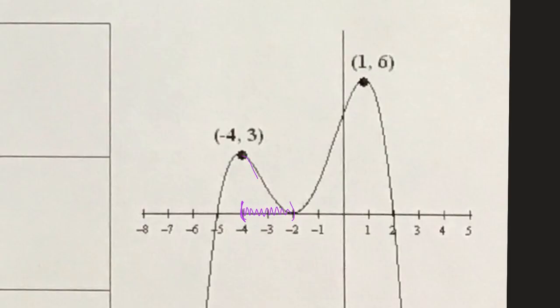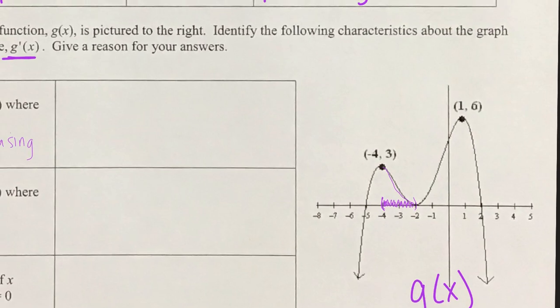Here the y values are getting smaller, but our intervals are always coming from the x-axis. So from -4 to -2, our y values are getting smaller, right? They're decreasing. And then there's another section here from 1 to forever.